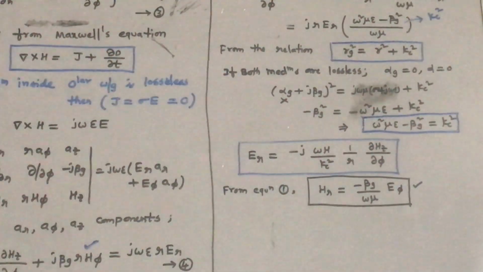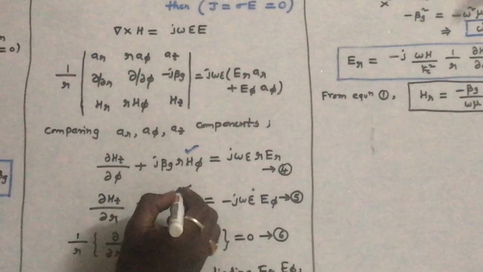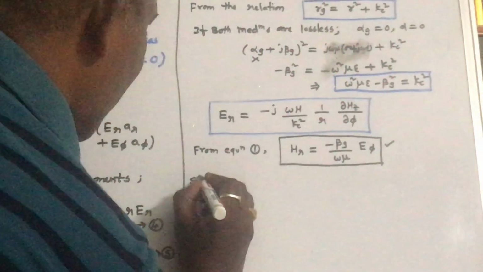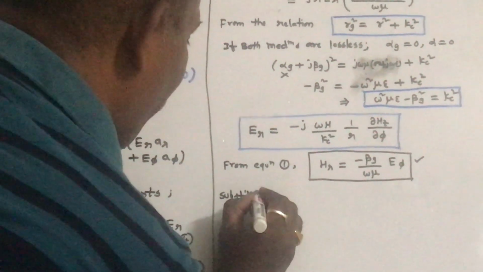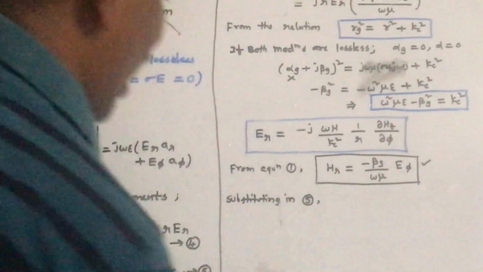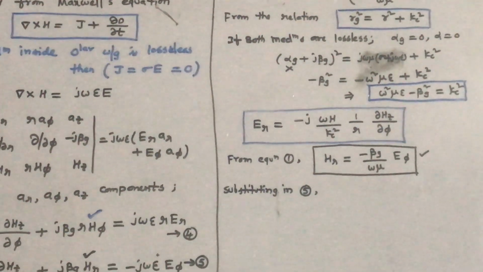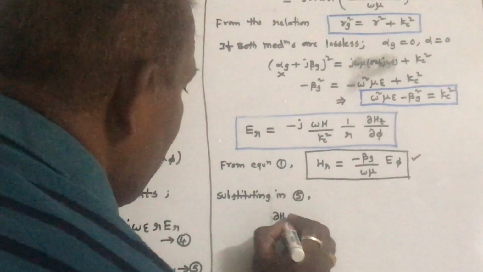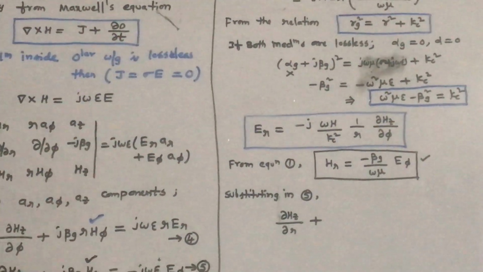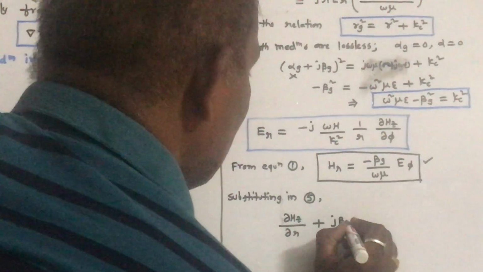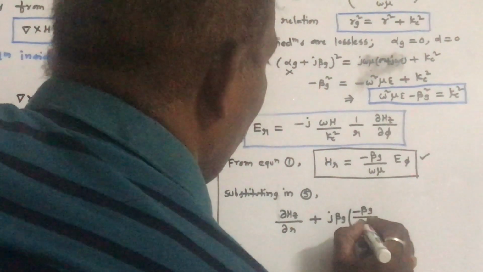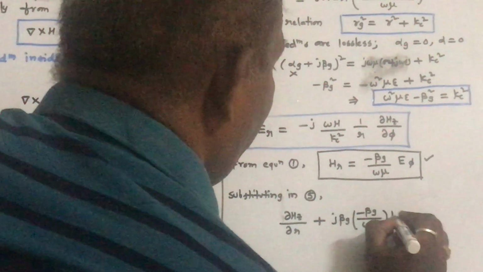Substitute this term in equation 5. So substituting in equation 5, this is written as dou Hz by dou R plus j beta g, and HR is minus beta g by omega mu into E phi.